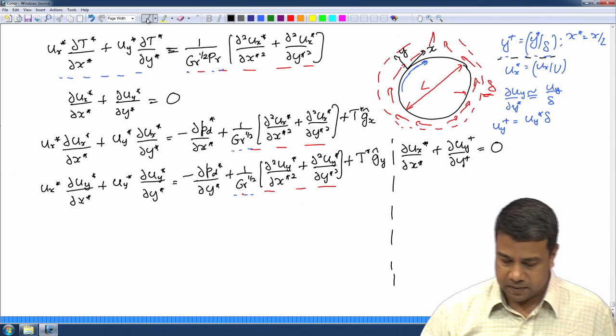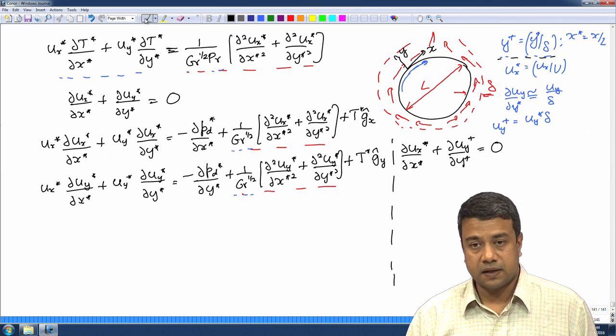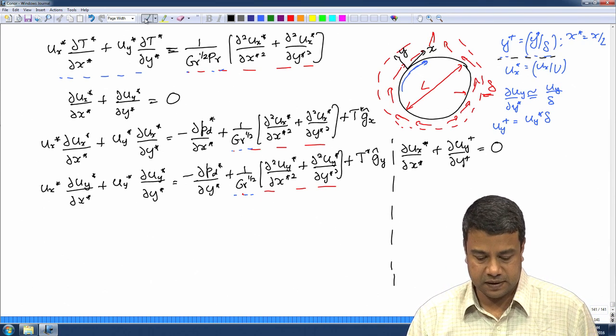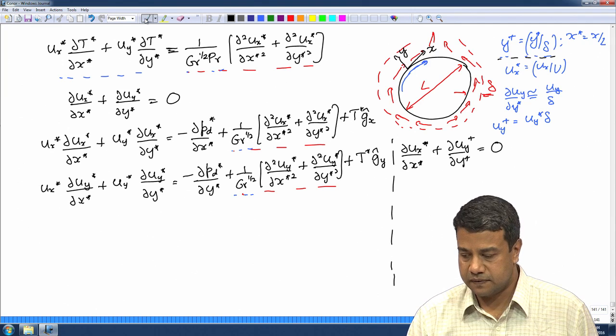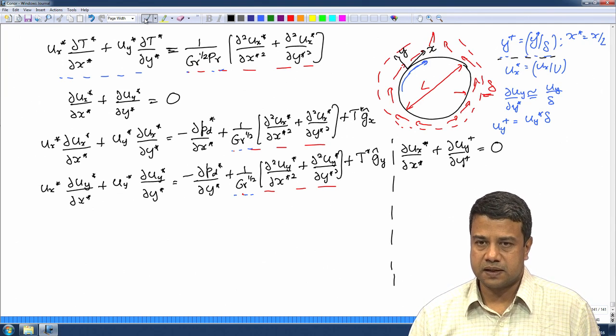Now, if I look at the momentum conservation equations and I rewrite these in terms of uy plus and y plus, I do not yet know what the boundary layer thickness delta is, but I will find out shortly.